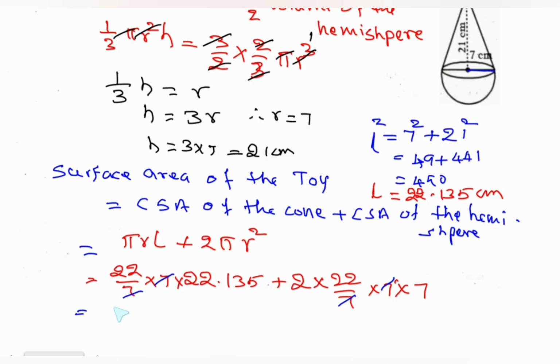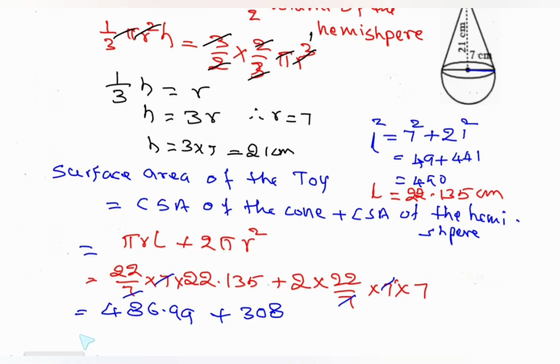That equals 486.99, plus 22 into 22 is 44 into 7, which is 308.